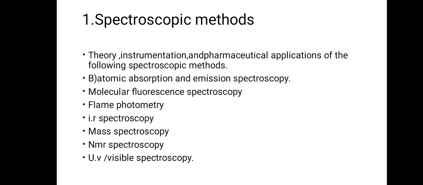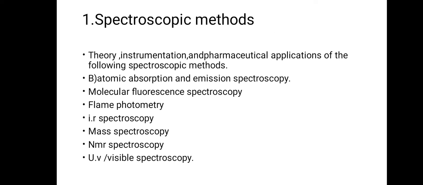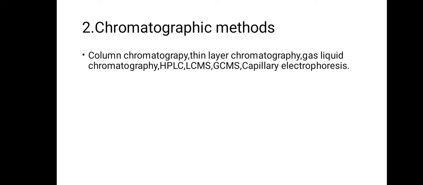Now let's move further. The last ones were the spectroscopic methods, and these are the chromatographic methods. They include column chromatography, thin layer chromatography, gas liquid chromatography, HPLC, LCMS, GCMS, and capillary electrophoresis.